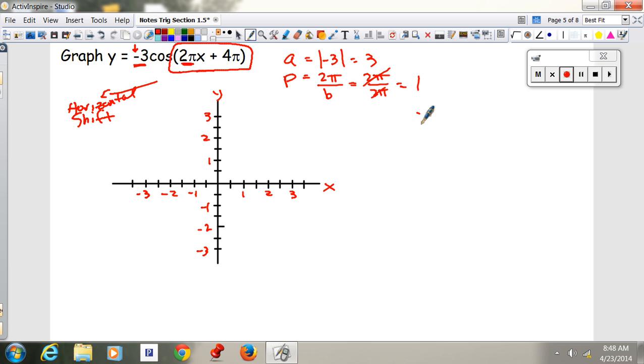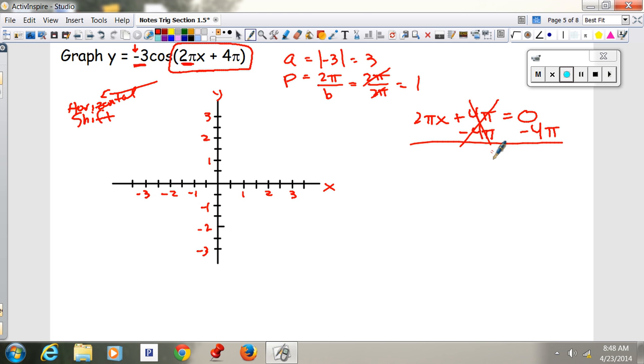So I got to take the 2 pi x plus 4 pi and find out what would make it become a 0. What could I put in for x that would make this whole thing equal 0 so I can see where I'm going to start my graph? Okay, you're right, it is -2 because you're going to subtract 4 pi on both sides.